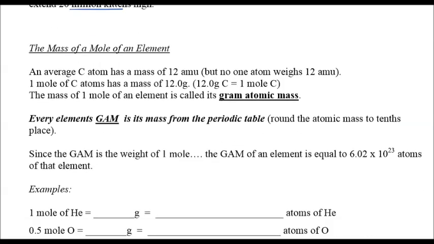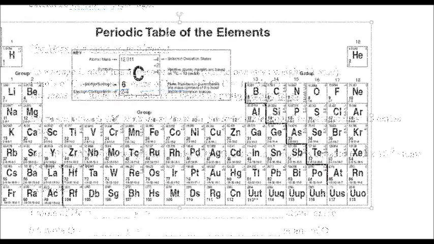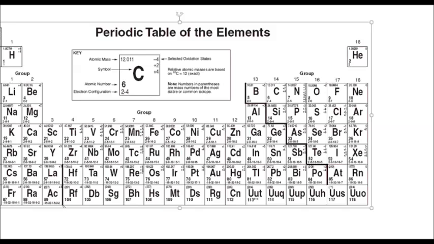However, a mole can be used to represent mass. A mole of carbon atoms has a mass of 12 grams. So if we look at a periodic table and we look at the mass of carbon, that represents 1 mole.